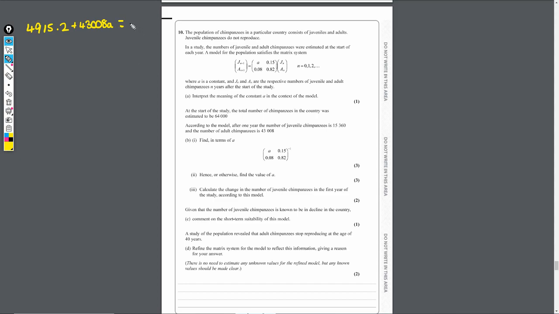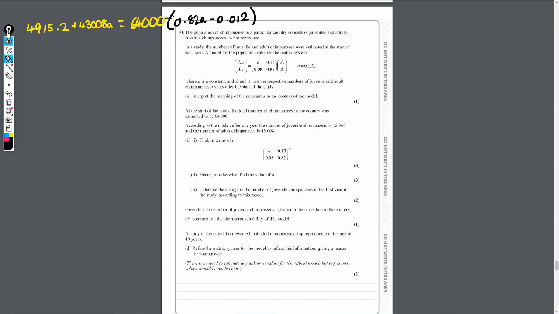This is quite a long question, so it's going to be 64,000 times 0.82A minus 0.012. So I've got to do 64,000 and then expand this bracket.